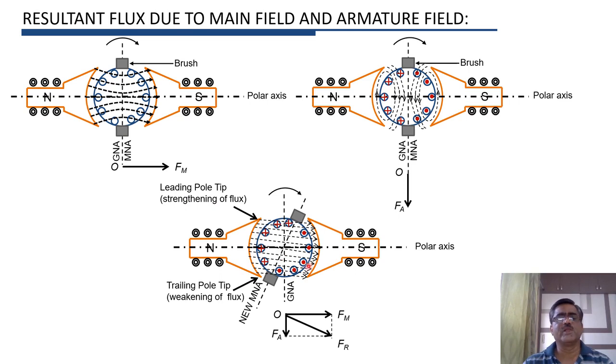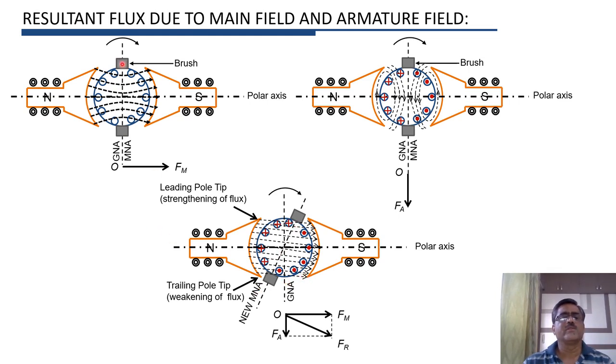So the flux will be distorted, and now it will not be parallel to the polar axis, whereas it is now inclined as shown here, and that's why the magnetic neutral axis will change.